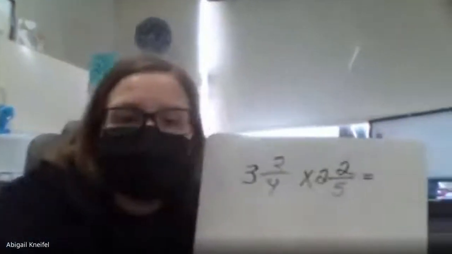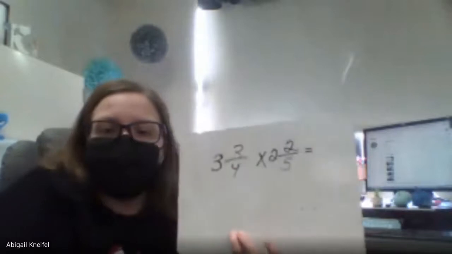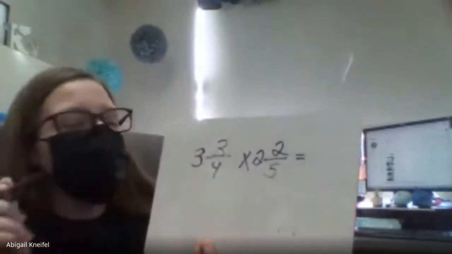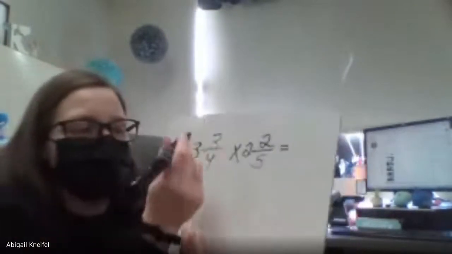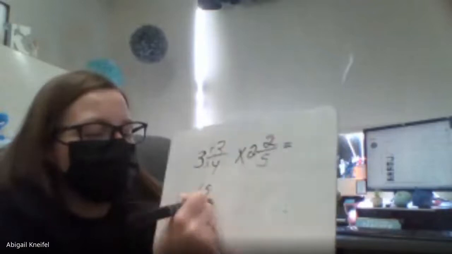All right. Since I have people now doing their hair, let's go over it. So, first step, I need to change my mixed numbers into improper fractions. 4 times 3 plus 3 is 15 over 4, times 5 times 2 plus 2 is 12 over 5. So now I have 15 over 4 times 12 over 5.